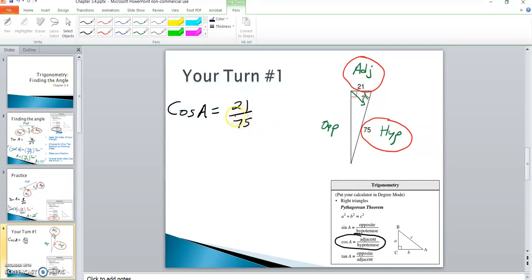And now, I would like you to go cos minus 1 on both sides. So go ahead and pause the video and do cos minus 1 on both sides. Okay, so I'm going to cos minus 1 over there and cos minus 1 over here.